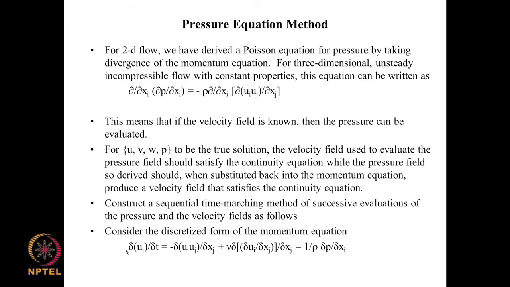We are writing this as a discretized form, so as to distinguish it from the continuous form. We are using this delta here, and we have taken this term onto the right hand side. So, that we have ∂ui/∂t equal to δui/δt equal to minus δ/δxj of ui uj plus nu, the kinematic viscosity, times δ/δxj of δui/δxj minus 1 by rho δp/δxi. These deltas here are difference operators.